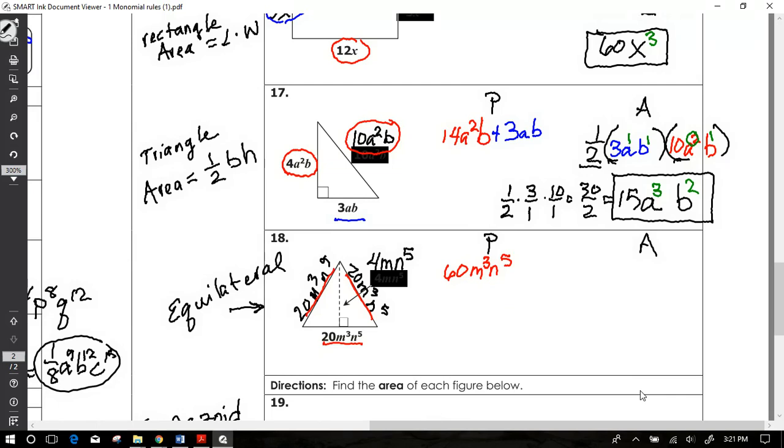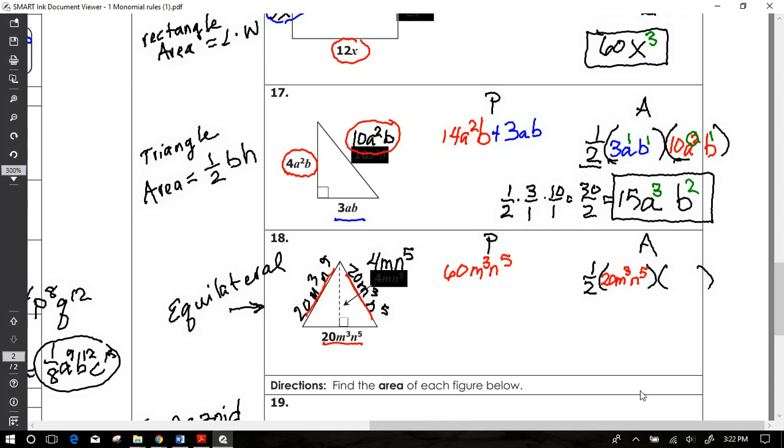Now, let's see, how am I going to find the area of this equilateral triangle? Well, the area formula for a triangle is still the same. It's 1/2 base times height, okay? For this problem, my base is 20m cubed n to the 5th power.